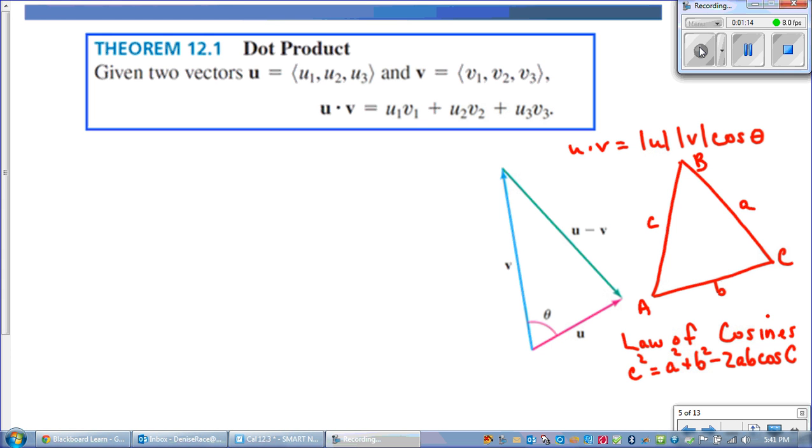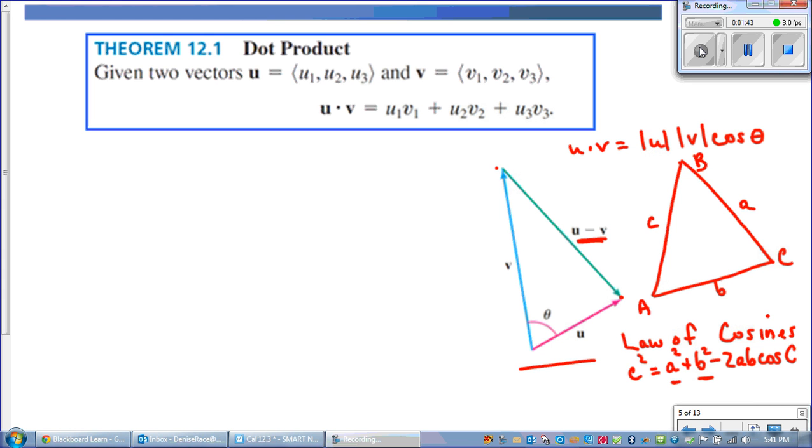So we're going to use that, but if we're going to be referring to the sides being vectors, then when we look at a squared, b squared, we need to look at the lengths of those vectors in that formula. So using law of cosines with the vectors u and v, and then remember that u minus v will be this vector that's formed by starting at the tip of v going to the tip of u.